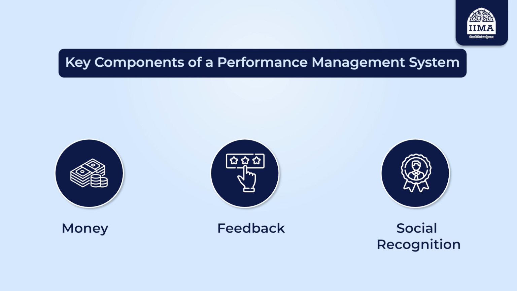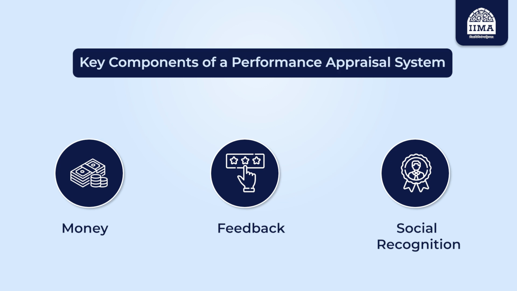All three elements are required to be an outcome of a performance appraisal. However, as I mentioned before, they require cognitively different functions. And therefore, managers might be better off doing them separately rather than doing it once together.